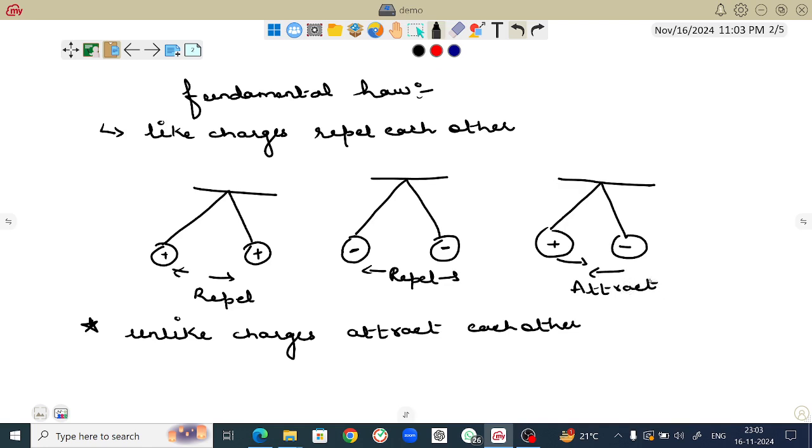This fundamental law of electrostatics can be demonstrated by an experiment in which we suspend a glass rod with a silk thread. The glass rod is charged.